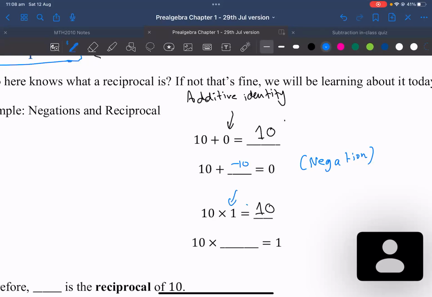If you multiply by 1, it doesn't change the answer at all. But what number do you need to multiply by 10 to get to 1? Negative 10? No, 10 times negative 10 is negative 100 actually.